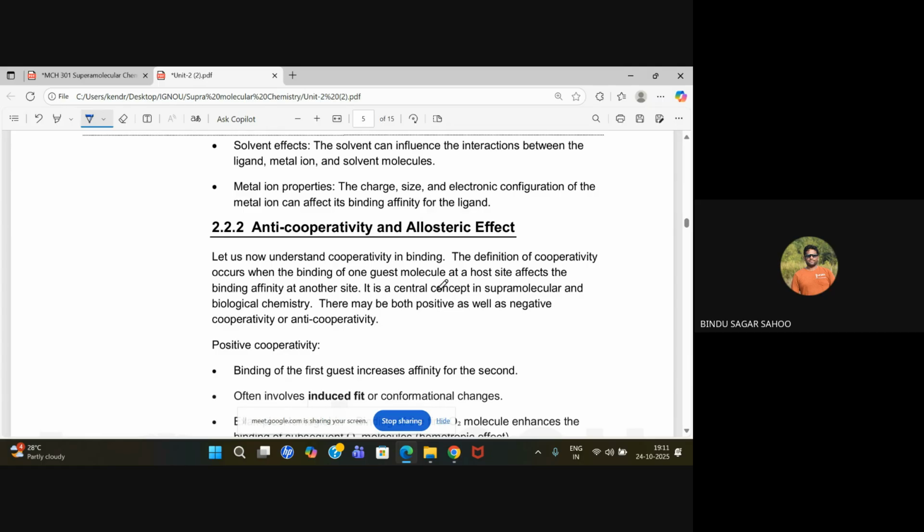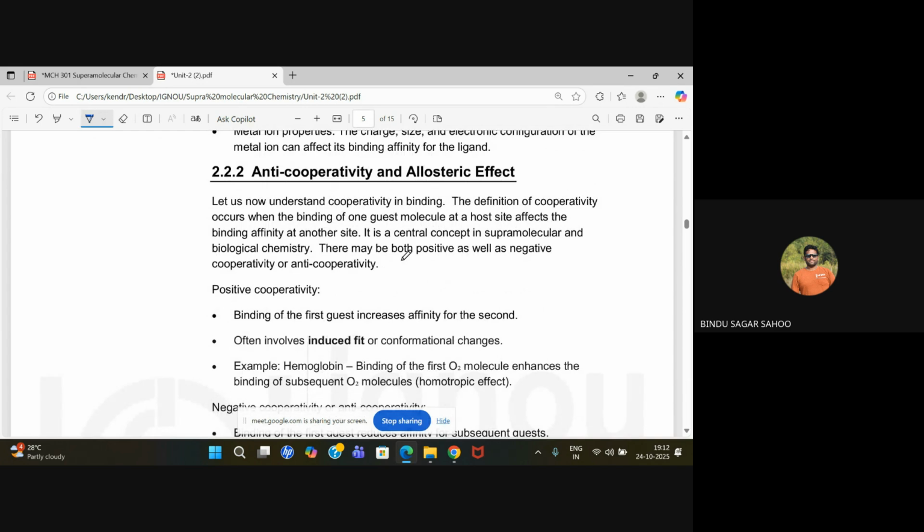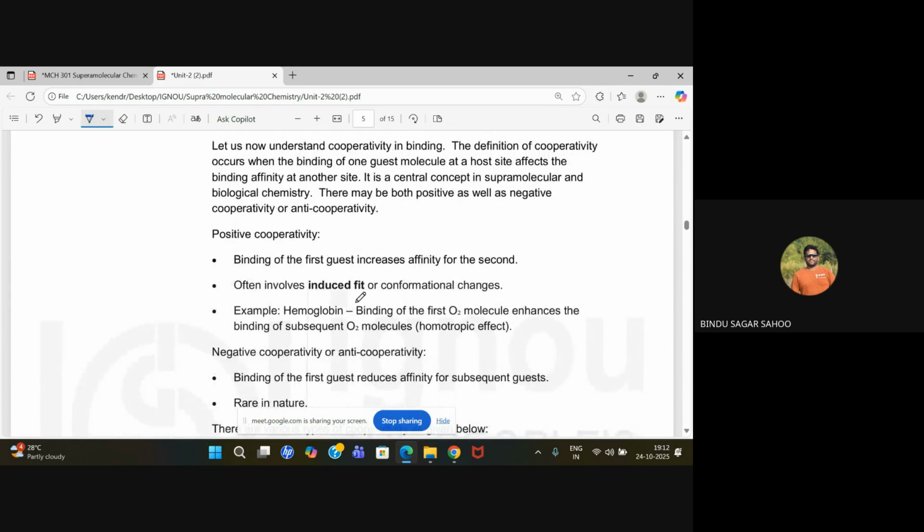That means binding of one guest molecule does not favor the environment for interaction of another guest molecule. There may be both positive as well as negative cooperative effects. The negative cooperative effect is also simply called the anti-cooperative effect. So we'll again distinguish between the positive and negative cooperative effects.